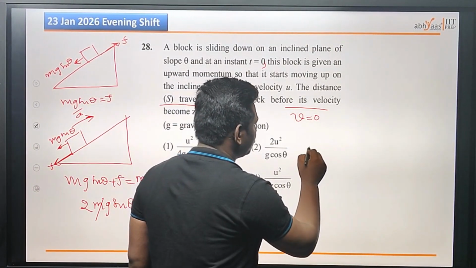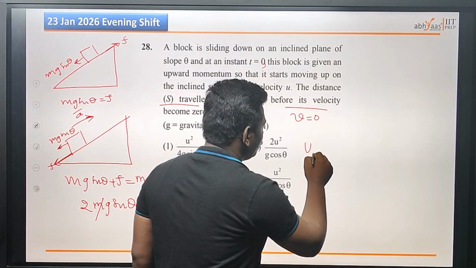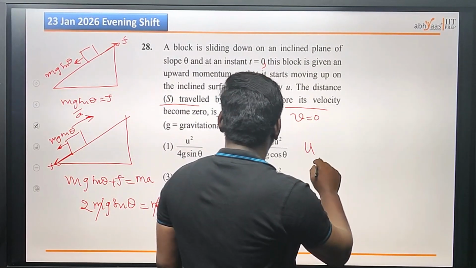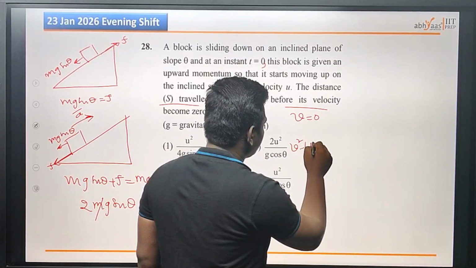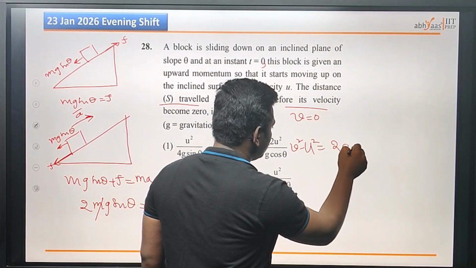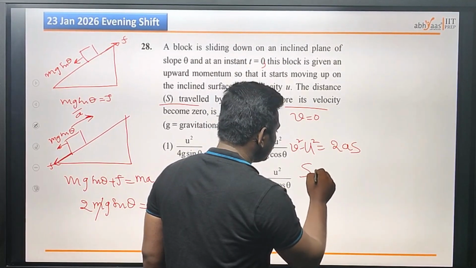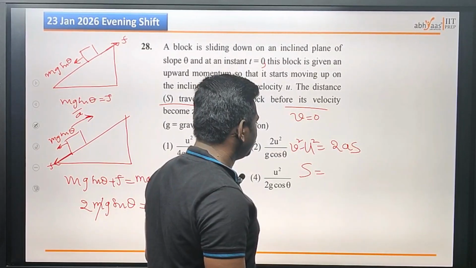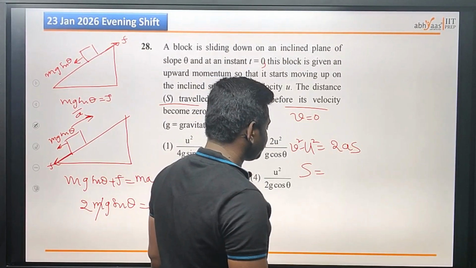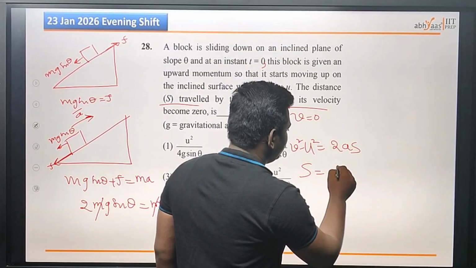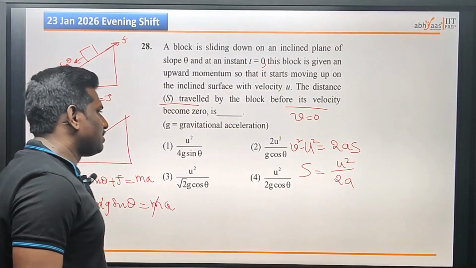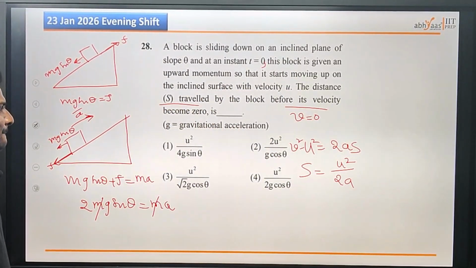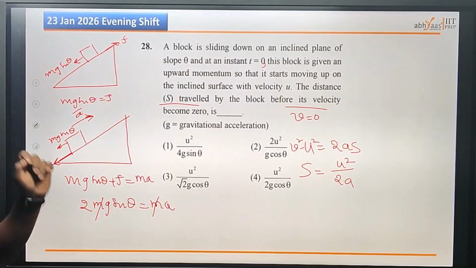So s, u, okay, see here, v square minus u square equal to 2as. S can be written as v square by 2a, because v is 0.